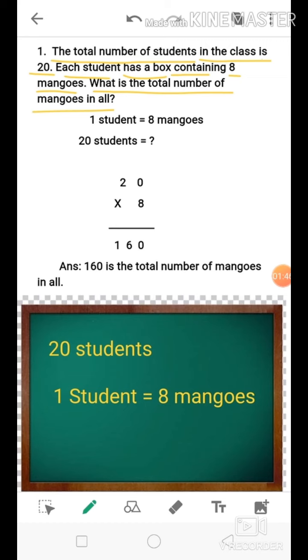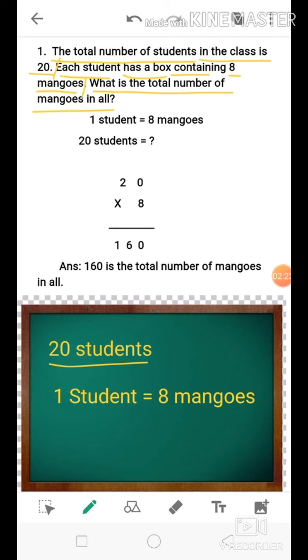Where we can divide the first sentence: the total number of students in the class is 20. So what is it? 20 students. I have already written 20 students. Each student has a box containing 8 mangoes. Another break.